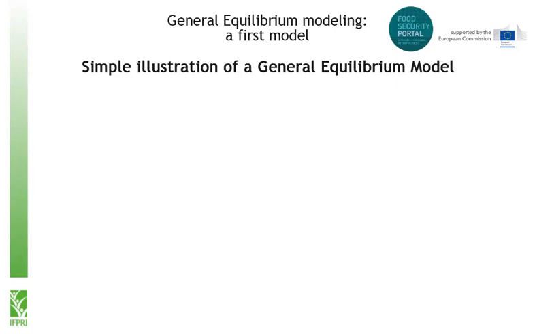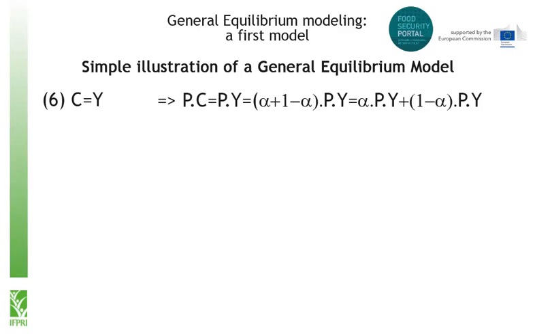So let's start with equation 6, which is C equals Y. This is the equilibrium on the goods market. If you multiply by P, you obtain P times C equals P times Y. And in fact, you can multiply P times Y by alpha plus 1 minus alpha, because alpha plus 1 minus alpha is equal to 1.